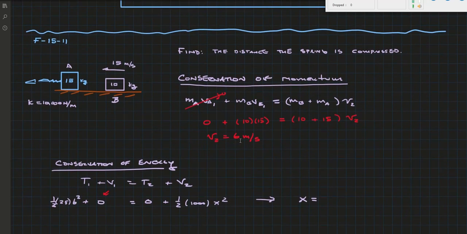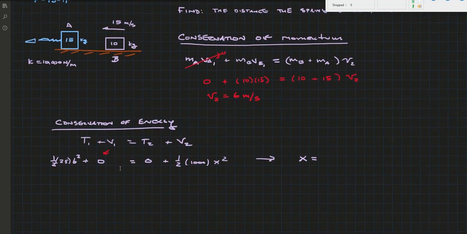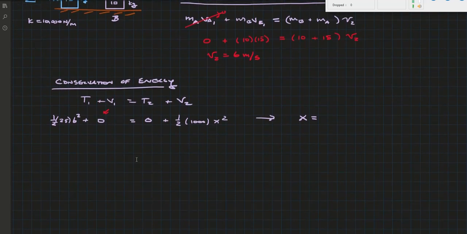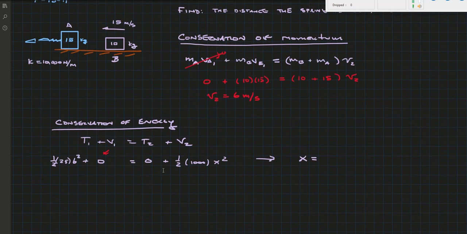All right, so we're going to take that velocity and stick it in a conservation of energy equation. Initially, for our initial kinetic energy, we have 1/2 times the mass of the combined blocks, 25, times 6 meters per second squared. We have 0 potential energy, the spring isn't squished yet.